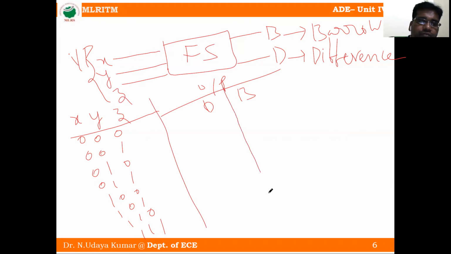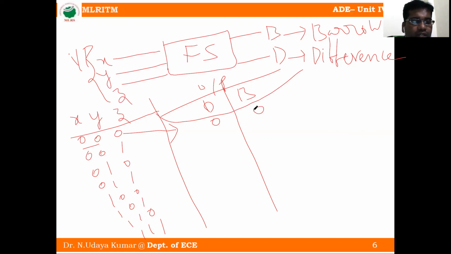We will see now how we get it for 0 0 0. So 0 minus 0 minus 0, the final difference is 0. Then there is no borrow, meaning 0.